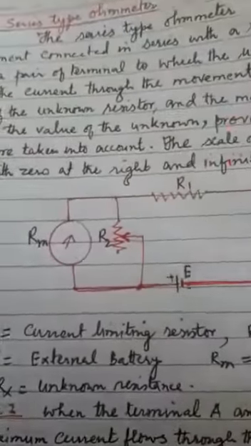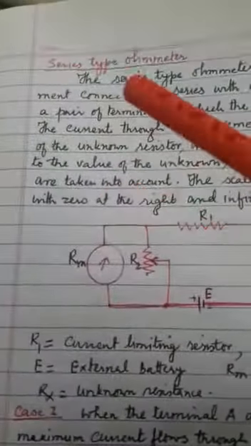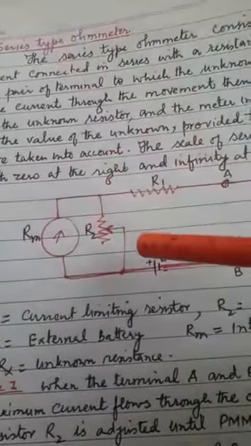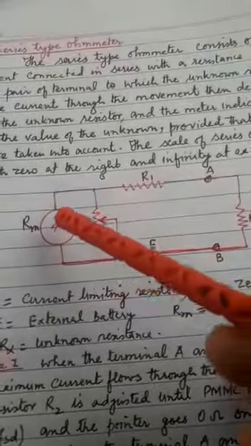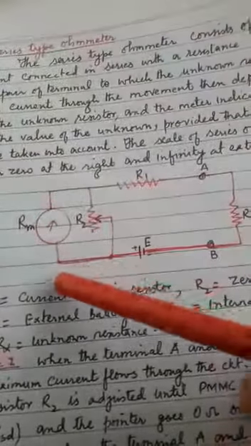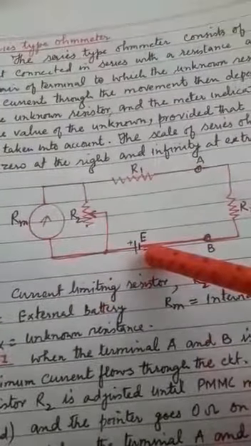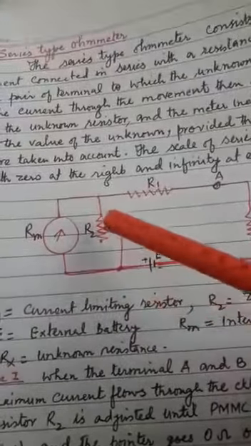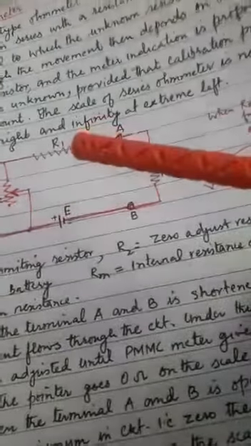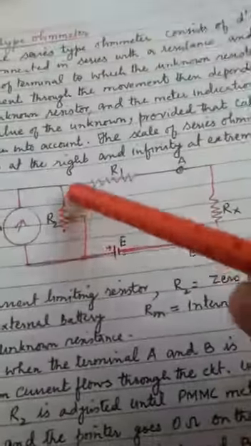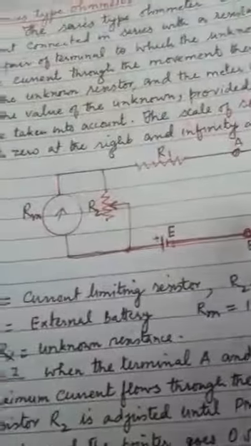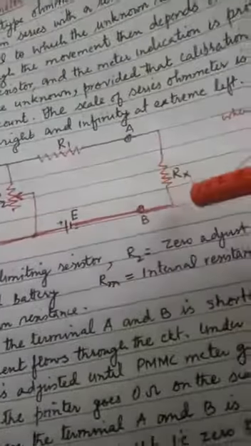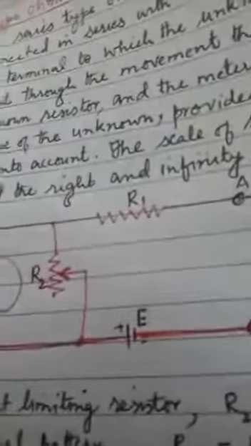This is called a series type ohmmeter because a resistor is connected in series with it and a battery is connected in series with it. R2 is the zero adjustment resistor, and this is Rx. Rx is the unknown resistance.